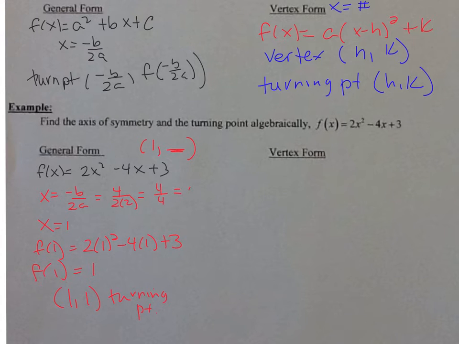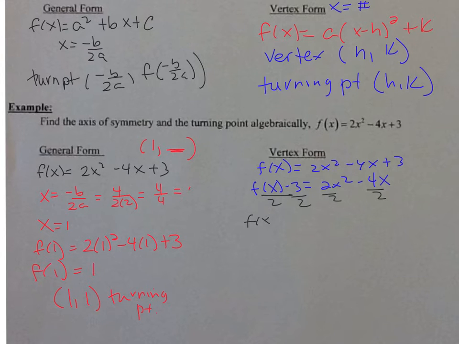All right, so now vertex form. So we have to take f of x equals 2x squared minus 4x plus 3 and put it in vertex form. So we're going to subtract 3 from both sides. We get f of x minus 3 is equal to 2x squared minus 4x. Divide everything by 2, because x squared has to have a 1 in front.